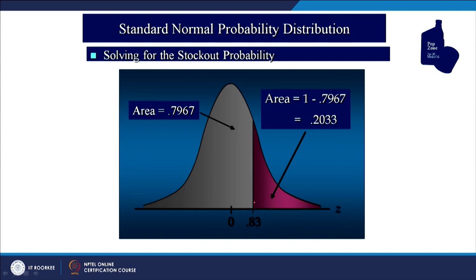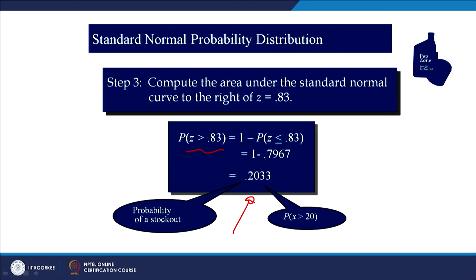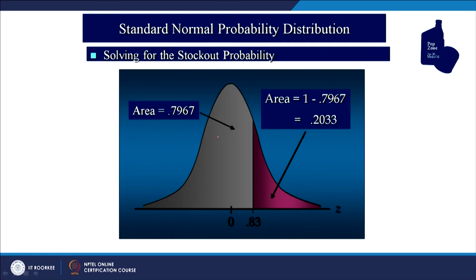The graphical representation of the same. In fact, we wanted the area for z more than 0.83, right. So, this area is more than 0.83, and the table value we calculated is from minus infinity to this point, but we wanted this area, right.